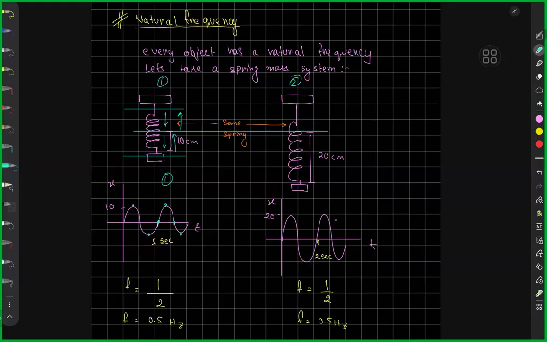I do the same thing with the one where I have displaced by 20 centimeters. Initially 0 displacement, then 20, then 0 again, and then goes to 20 again. This is not to scale. The fixed point should have been somewhere up there so that it has space to compress.